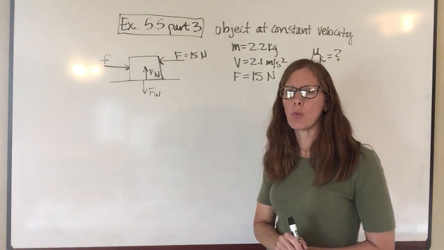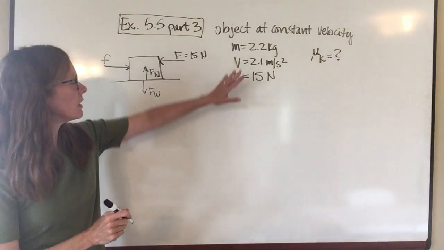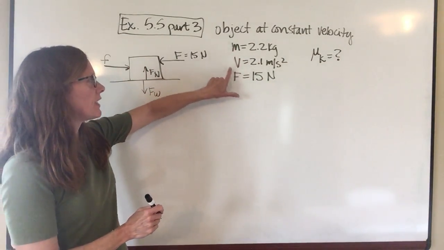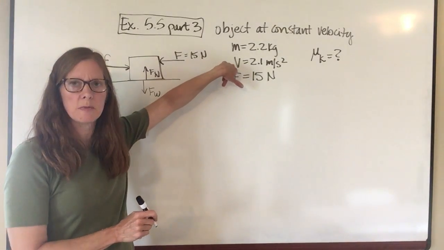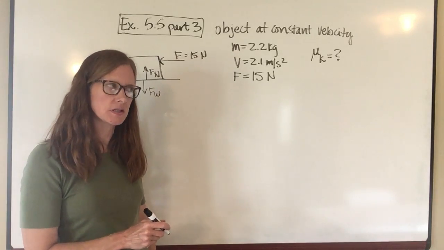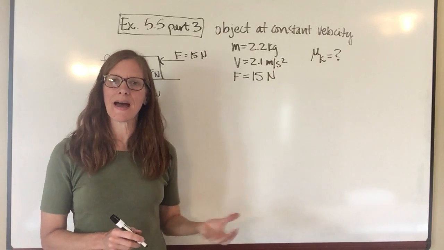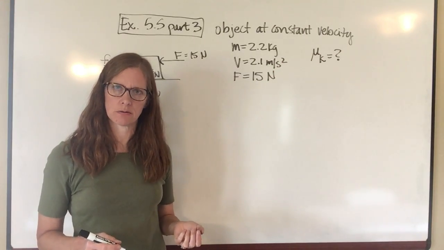So what about this other information that they've given me here? They told me that the velocity is 2.1 meters per second, and they told me that the velocity is constant. If the velocity is constant, what does that mean about the acceleration?